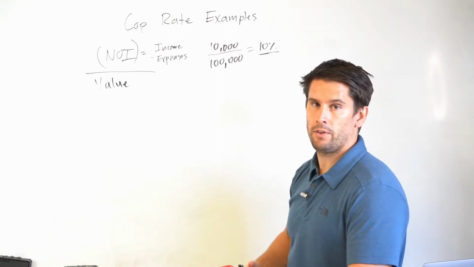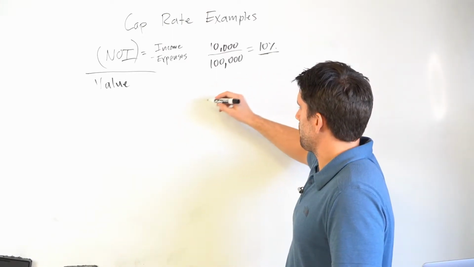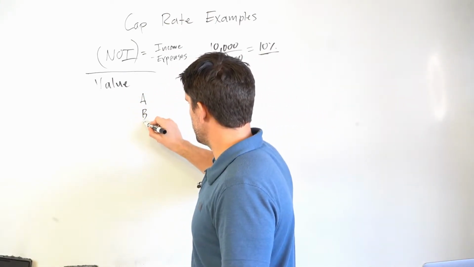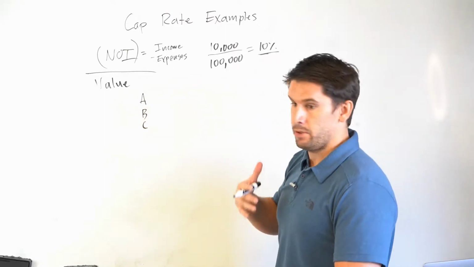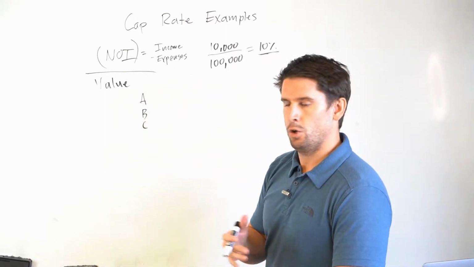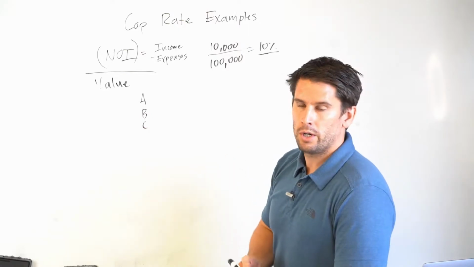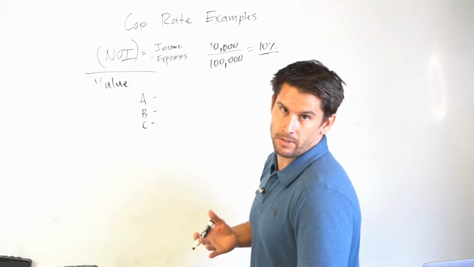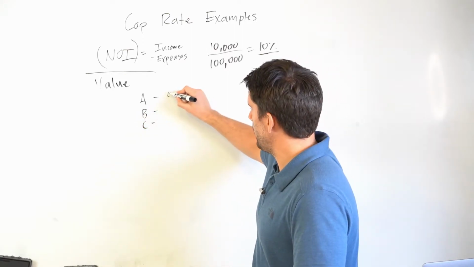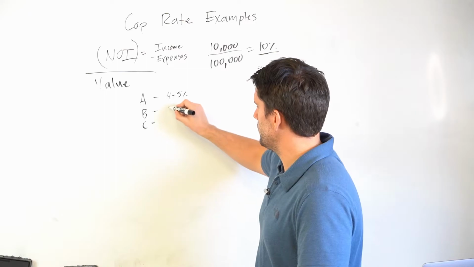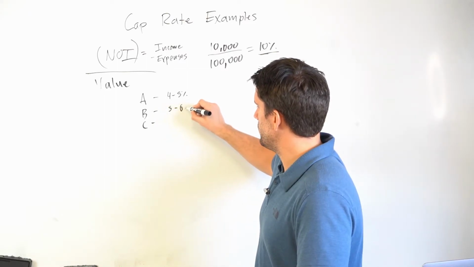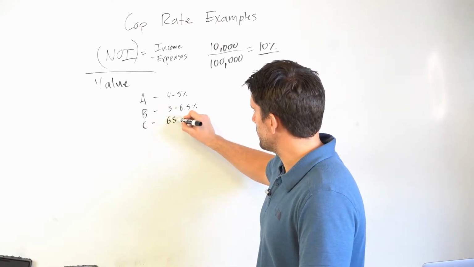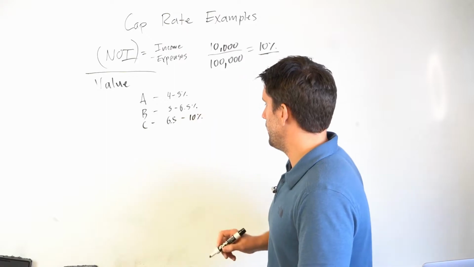Depending on the asset class of the apartment complex, A, B, or C, you'll see different cap rates. A would be nice, high class, higher paid, low crime, kind of newer builds, depending on your market. In Memphis, Tennessee, where we're at, you're seeing 4 to 5% on these, 5 to 6.5% in the B class, and 6.5 up to 10 in the lower classes.